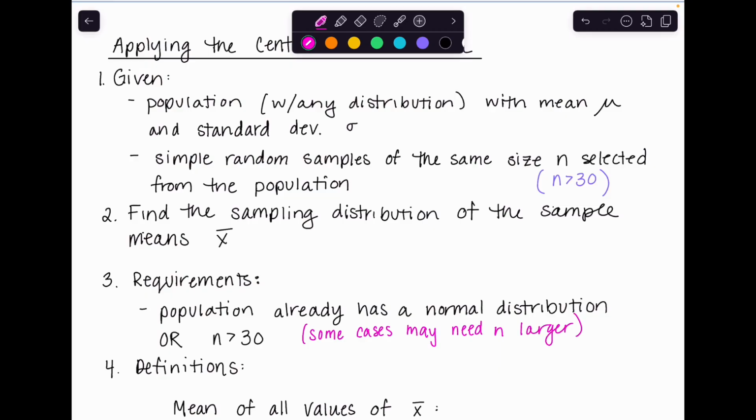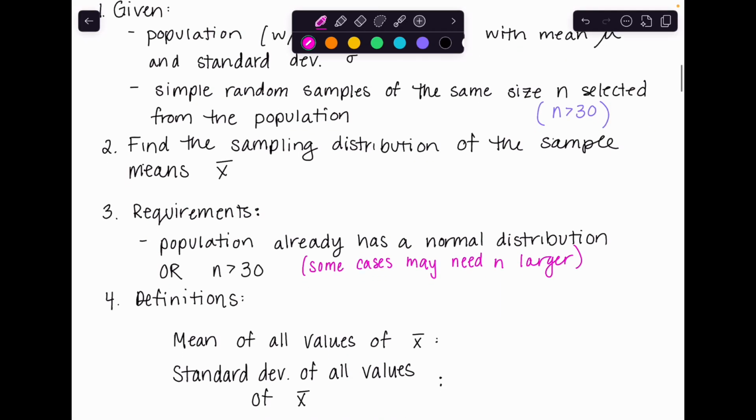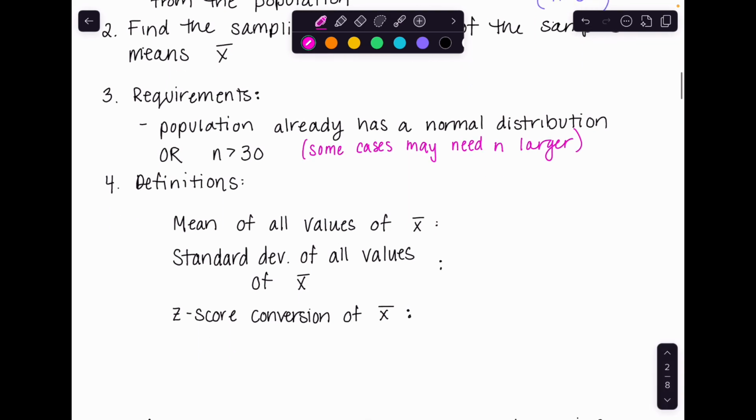Okay. So from here, we're going to go through a couple different definitions. Once you have that sample and you find those sample means, the mean of all of your values of that sample distribution is again just your regular mean, but we're going to denote it with mu sub x bar to indicate it came from the mean of the sample values.